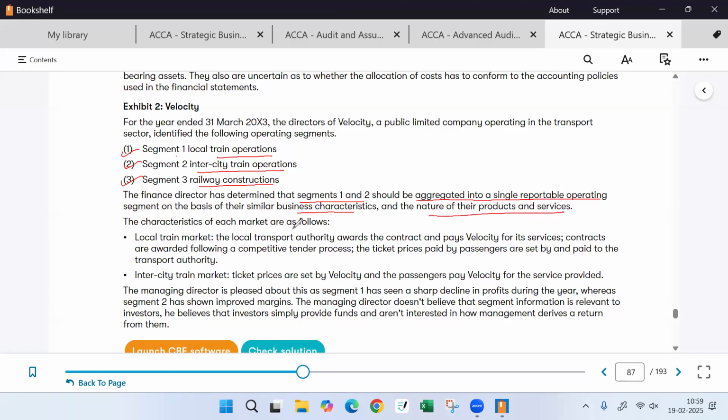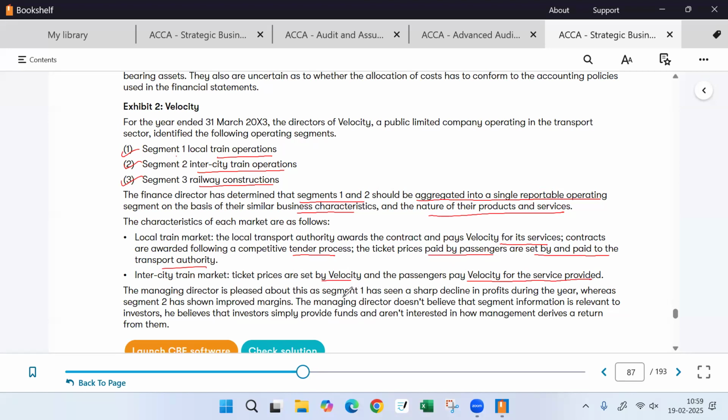The characteristics of each market: in the local train market, the local transport authority awards the contract and pays Velocity for its services. Contracts are awarded following a competitive tender process, and the ticket prices paid by passengers are set by and paid to the transport authority. In the intercity market, ticket prices are set by Velocity and the passengers pay Velocity for the service provided.